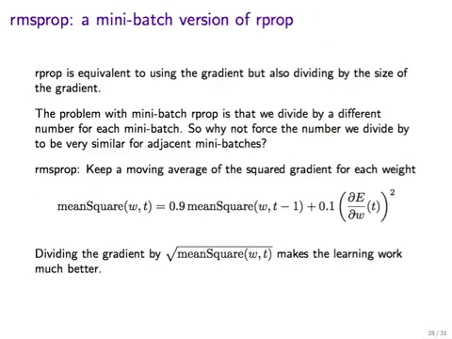Rprop fails if one uses mini-batches. Take the following example. Consider a weight that gets a gradient of 0.1 on 9 mini-batches and a gradient of minus 0.9 on the 10th. So the weight perhaps shouldn't change that much, but rprop would increase it 9 times and decrease it only once, so it would grow a lot.